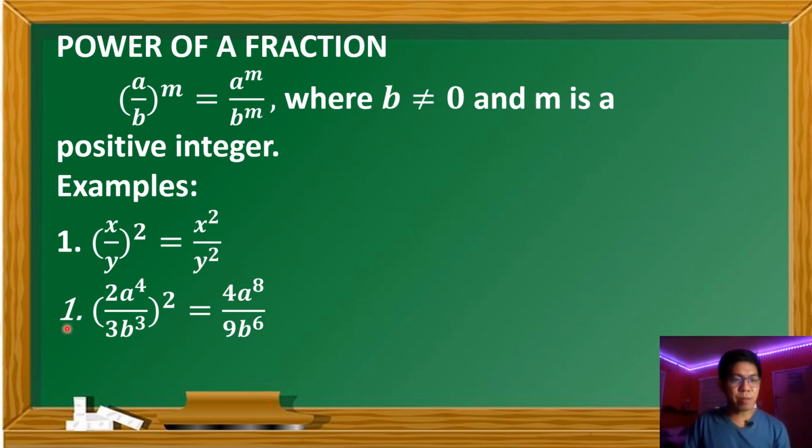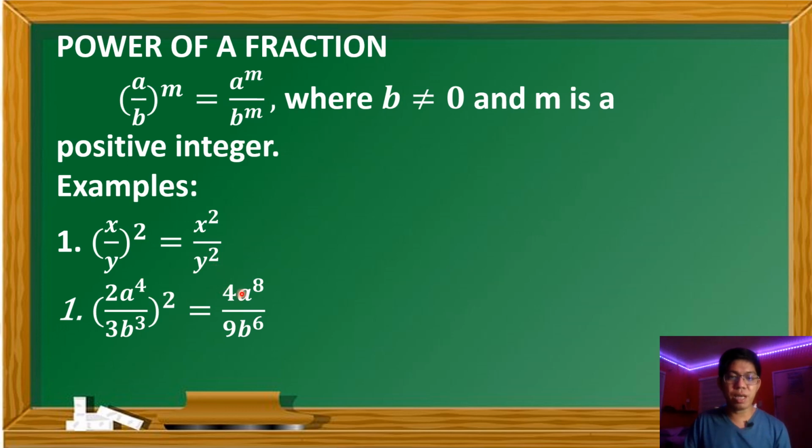Okay. So example number 2. Sorry for that. The square of the quantity 2a raised to the fourth over 3b cubed is equivalent to, so ito, in-square lang yon, 2 squared is equal to 4. Di ba? 2 times 2 is equal to 4. Then copy yung a, then multiply 2 times 4.